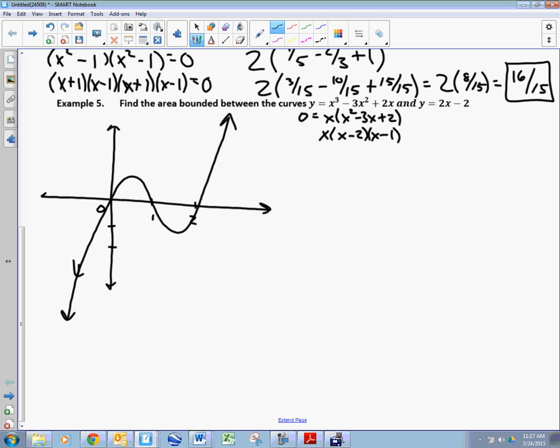Yes, yes. But let's actually find the intersection of these two graphs, okay? Might give us a better idea of how to draw it, okay?